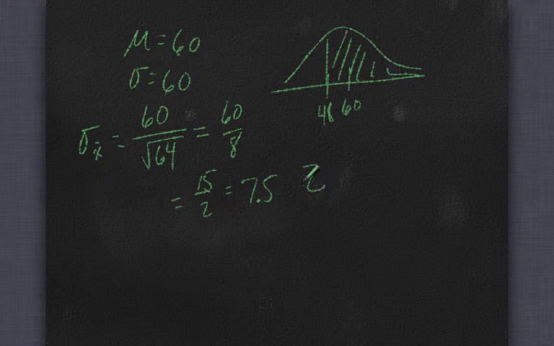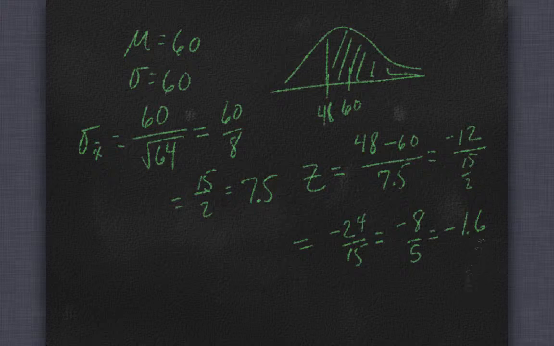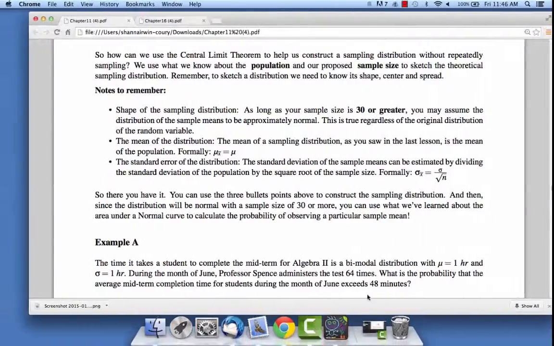Okay, so our z-score is 48 minus 60 over 7.5. I may want to change that back to 15 halves. So negative 12 over 15 halves is negative 24 over 15, negative 8/5. Okay, so negative 1.6 is our z-score.